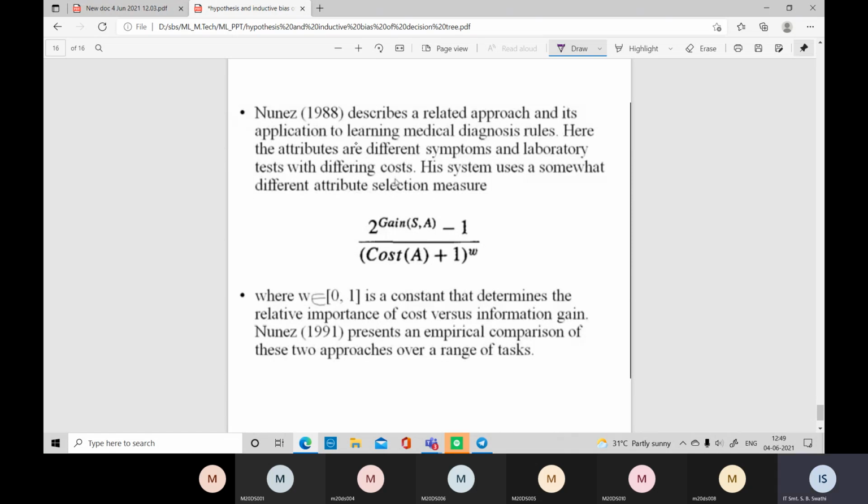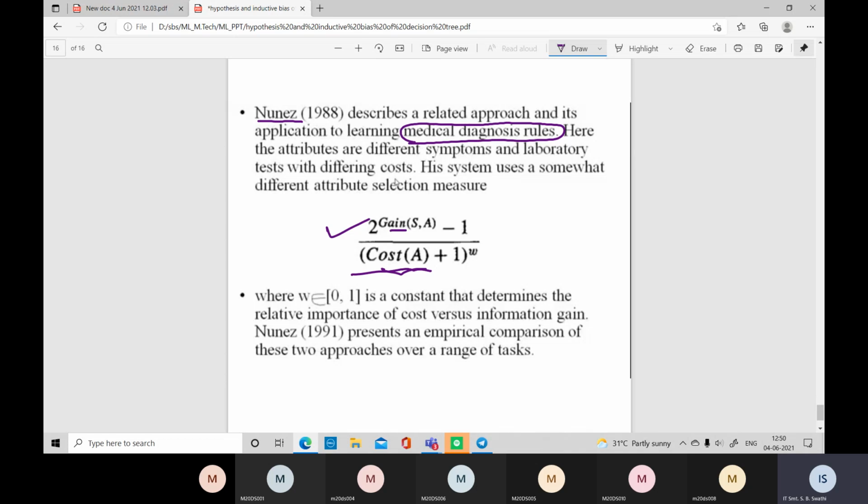Another type of formula which you can use for the preference of the attribute is the second formula. It will also take the values of information gain as well as the cost values of each and every attribute. This formula is given by Nunez, and it is mainly used only for medical diagnosis problems.